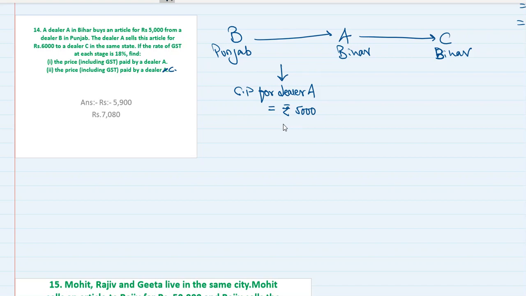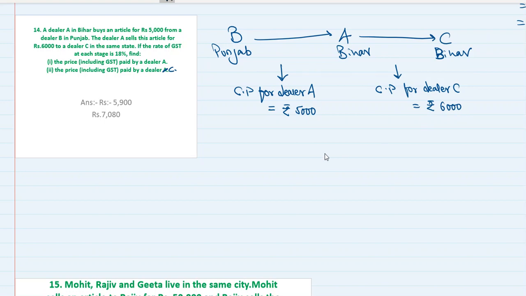Okay, the dealer A sells this article for rupees 6,000 to a dealer C. Okay, so cost price for dealer C is equal to rupees 6,000.